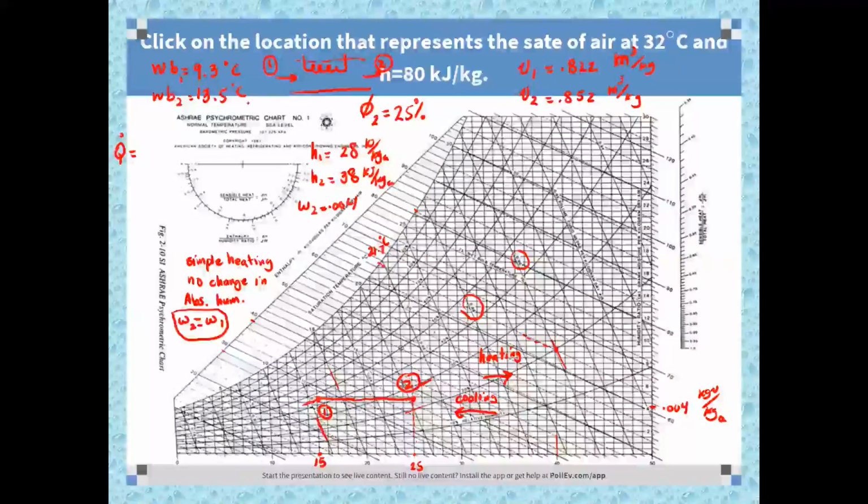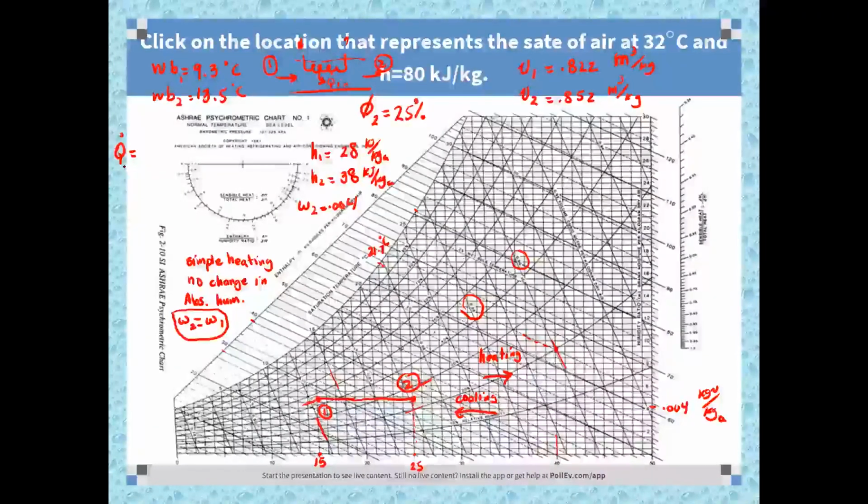There's no work in or out. There's only Q in by the hot water. We're not considering the water flow here, just the heat transfer from the coil. Q dot in to the system.